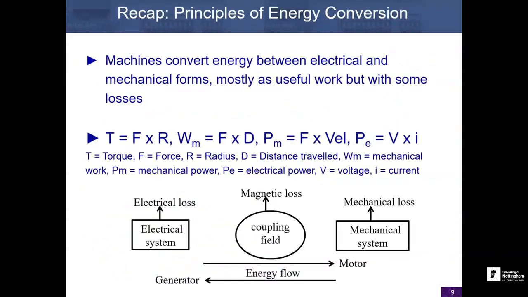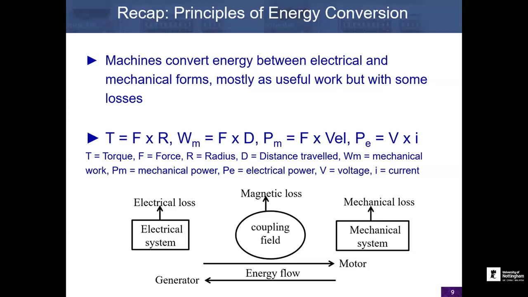Then we talked about our principles of energy conversion. In those first few weeks, we went to this fundamental fact that machines are all about converting energy and work, converting between electrical and mechanical forms. It could be generating electrical power from mechanical work, or creating mechanical work from electrical power.